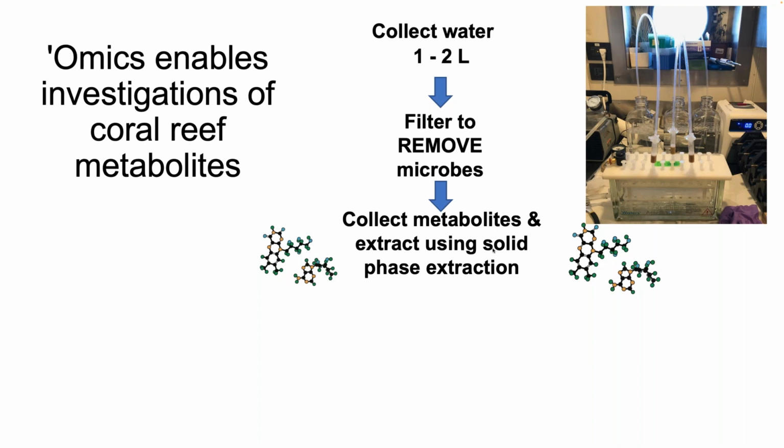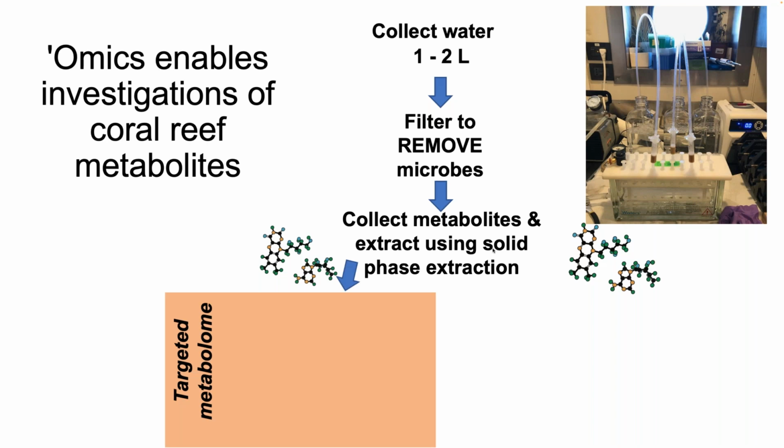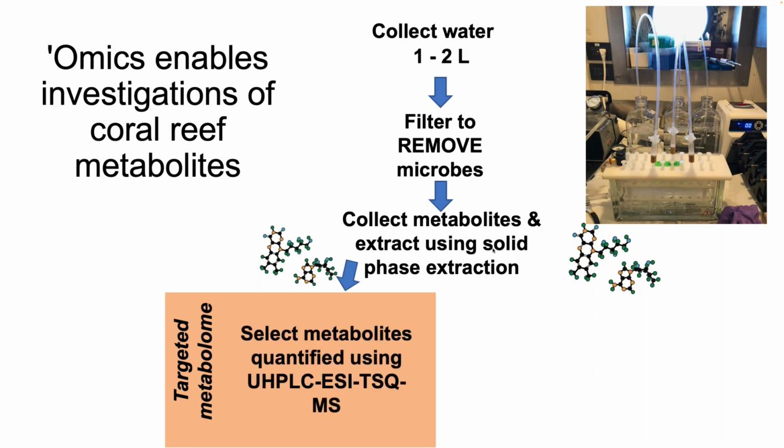Once the metabolite extracts are in hand, there are 2 different techniques that Liz's lab uses. One is the targeted metabolome, where select metabolites are quantified using a mass spectrometry approach. I'm not going to get into the ins and outs of this method. Some of you probably know what all that means, and some of you don't. I'm happy to go over more of that later.